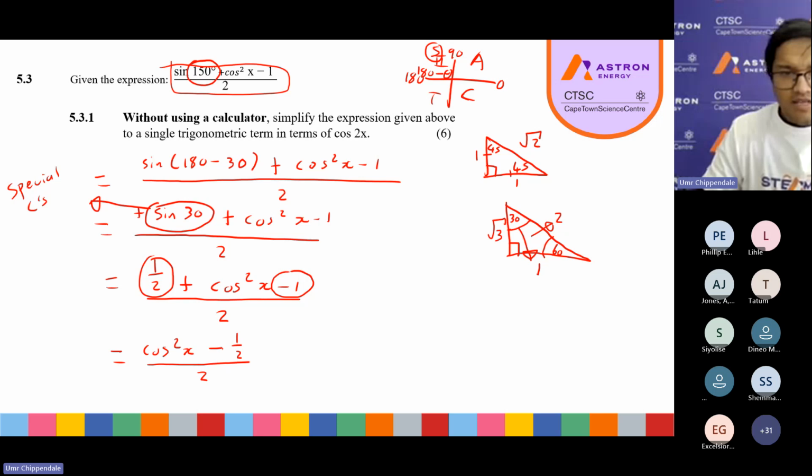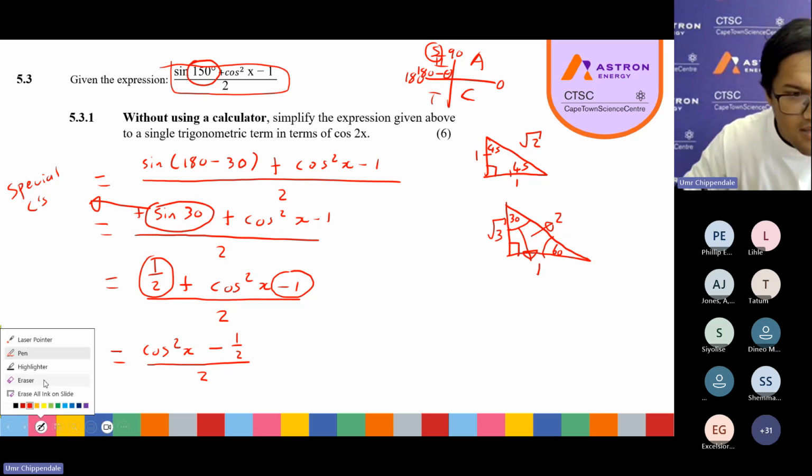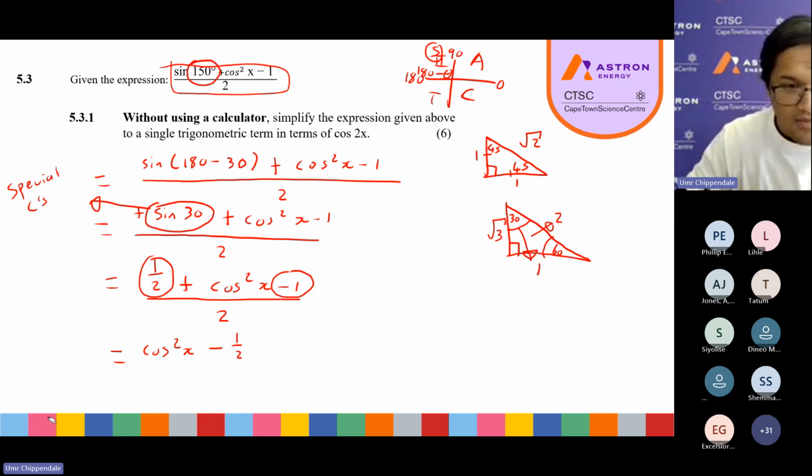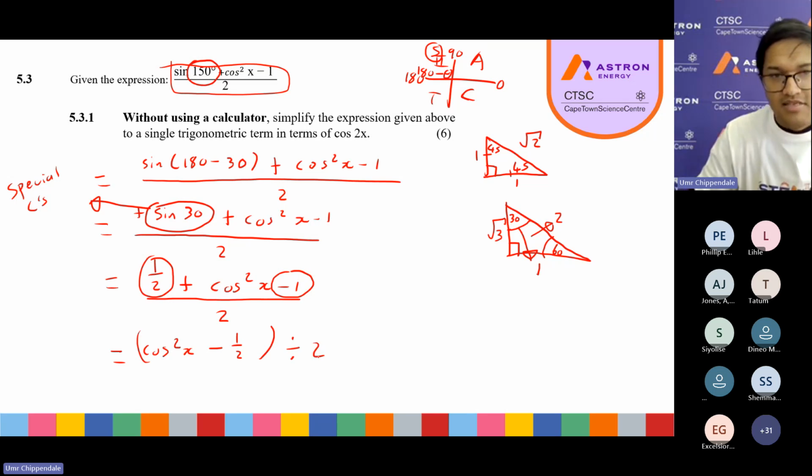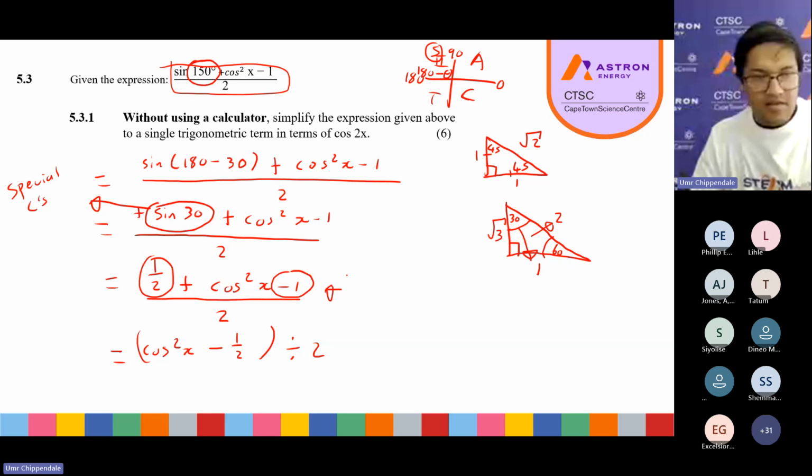But now instead of writing it like this, we can rearrange it. If we have it all like this and say divided by 2, it means the exact same thing as the top one over here.